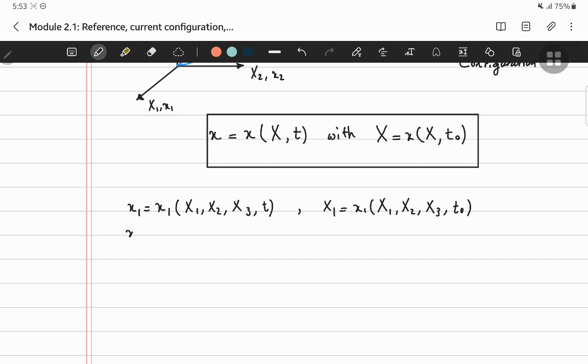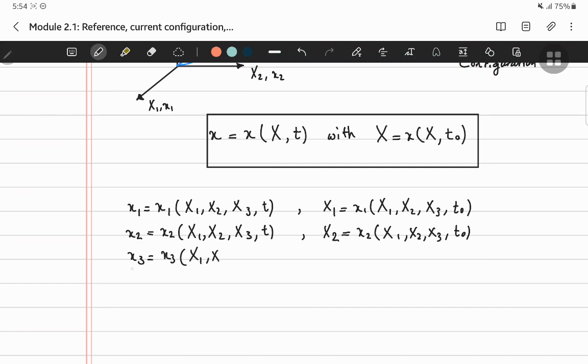This is the same for x2, where we write x2 is a function of capital X1, x2, and x3 at time t, where the initial x2 is basically a function of capital X1, x2, and x3 at the initial time, and this is the same for x3.